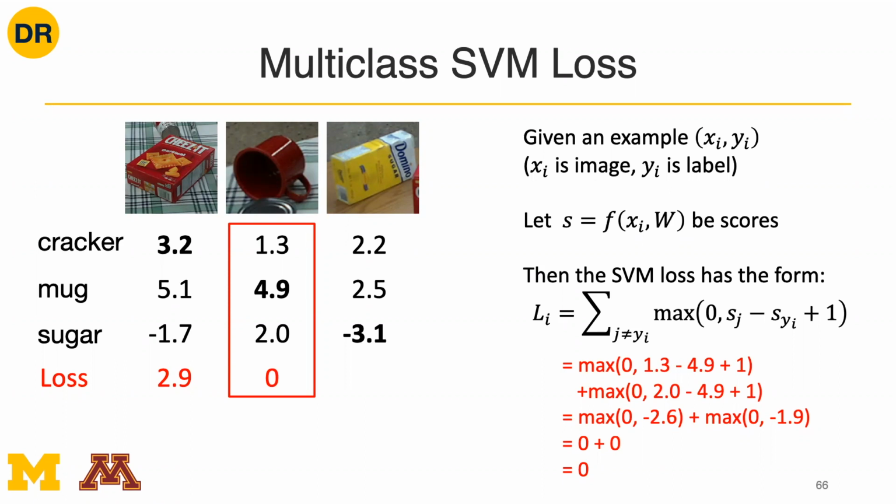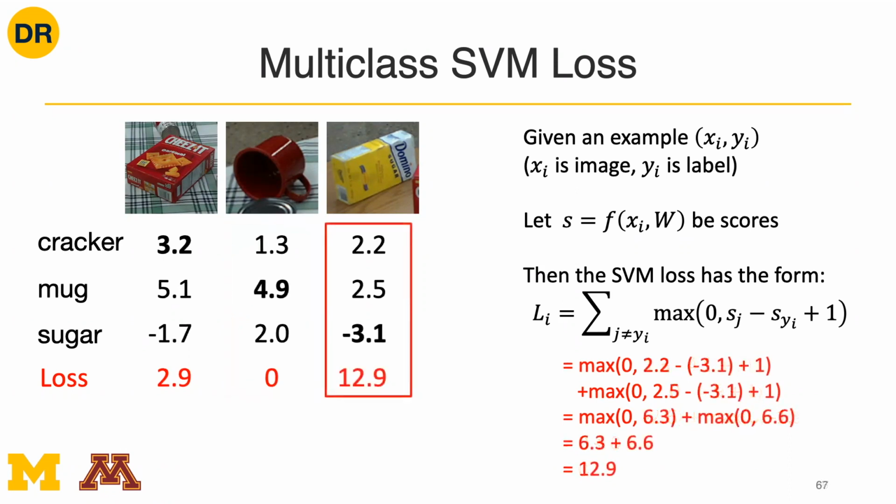Now, if you look at the third one, here the classifier is performing poorly, meaning you should have a higher loss, right? So that's what happens if you plug that in. So minus 3.1 is the reference value that we'll use. And let's say we plug that in for Cracker. It's like 2.2 minus 3.1 plus 1, and it's 6.3.